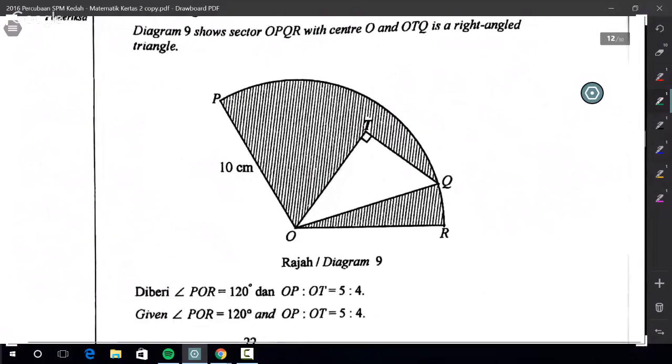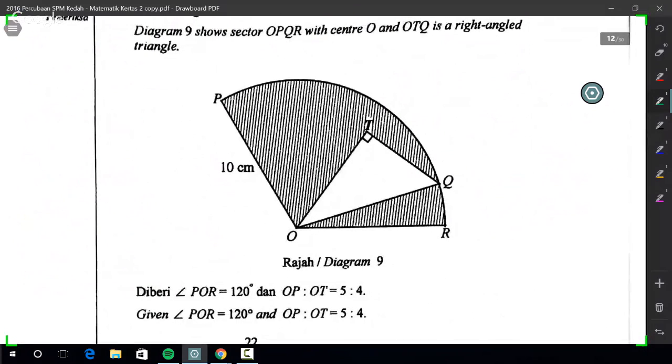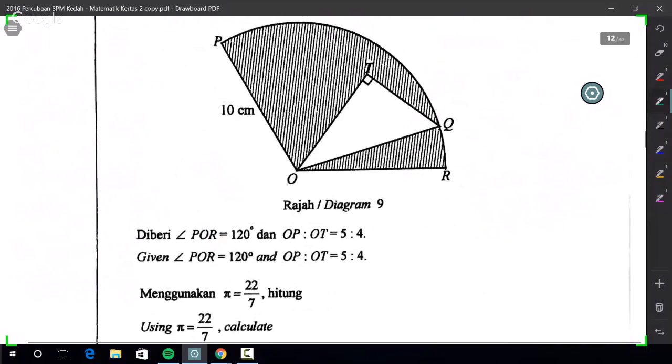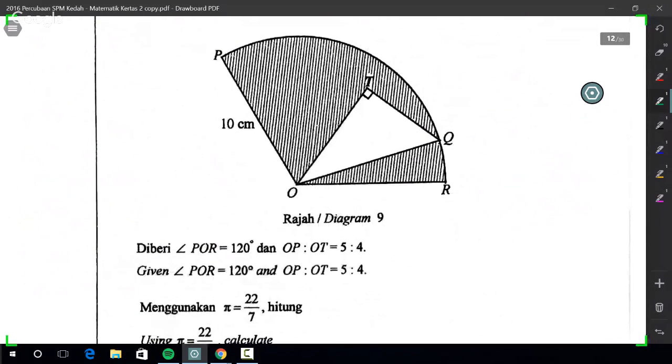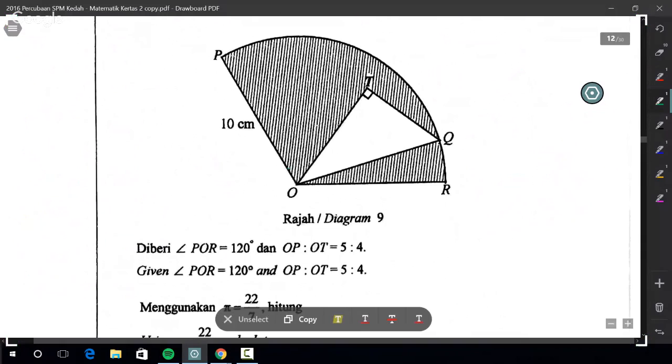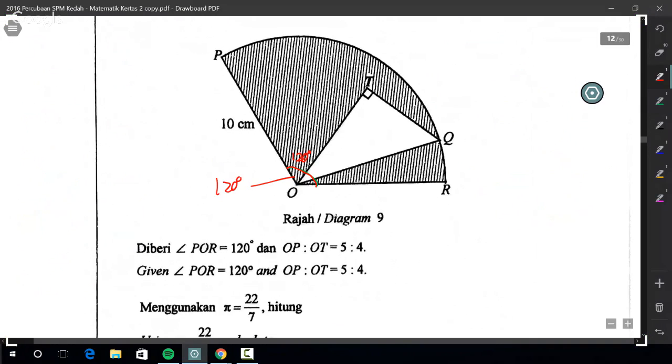Okay, diagram 9 shows OPQR with center O. OTQ is a right angle triangle. Everything is stated here. POR is 120 degrees, so the total angle here is 120. Let me use red color. All right, the outside angle is 120 degrees.